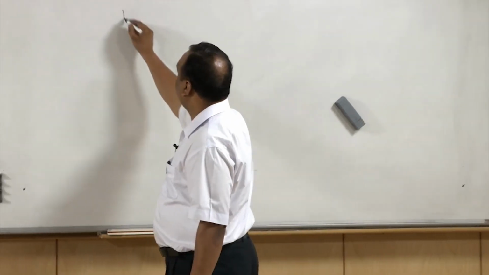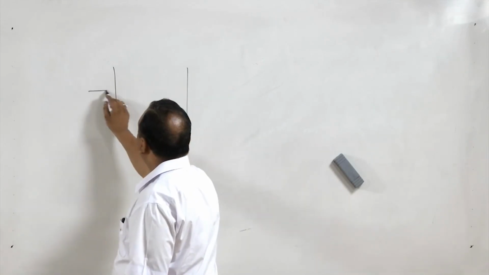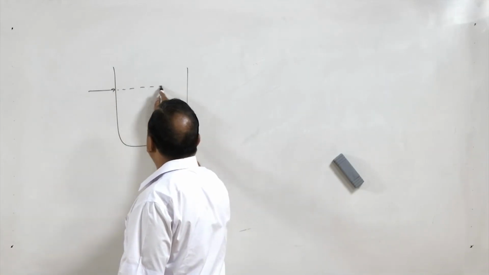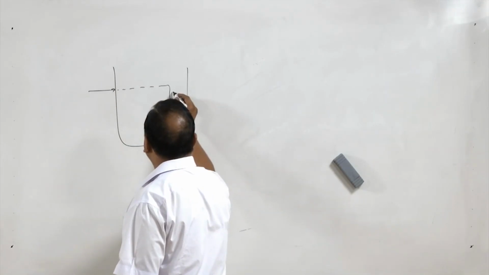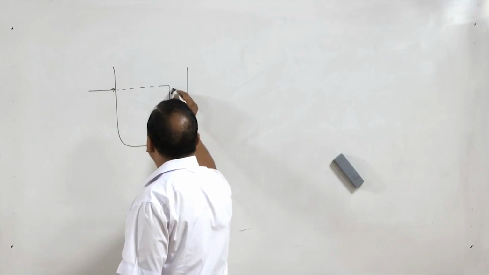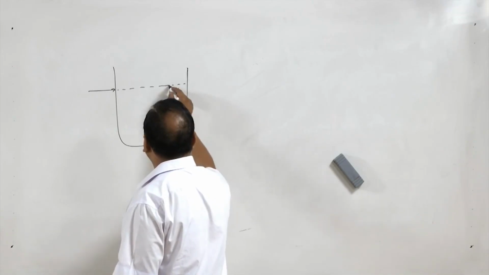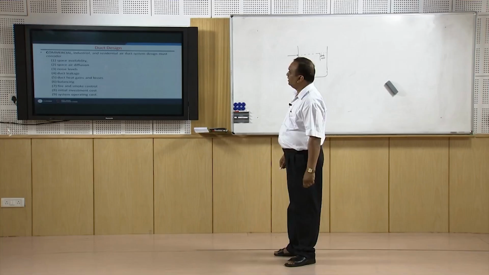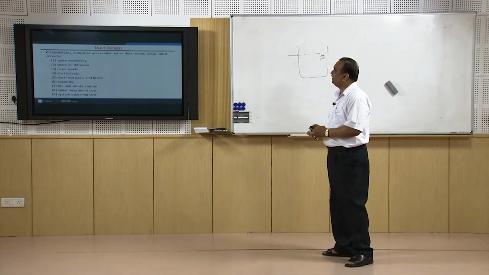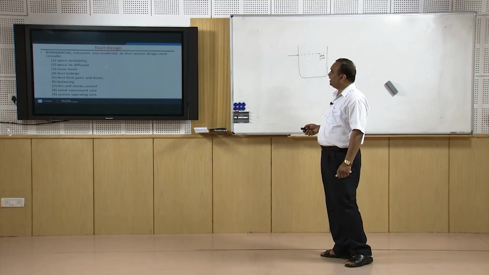Suppose an air stream in a building is entering from this side. So, the vertical distance covered by the air stream for reaching the opposite wall is known as drop. So, that is drop.